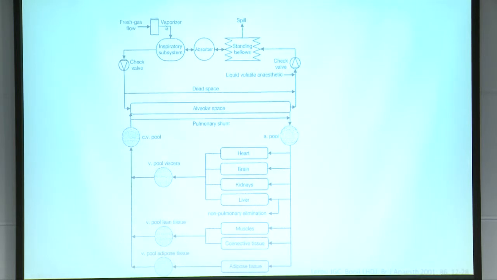In this model, the input is the fresh gas flow, and the vaporizer setting goes into the breathing circuit, where we then have a measure of the inspired concentration. In the alveolar space, we get a measure of the end-tidal concentration that is picked up by the blood and flows to the various tissue compartments, one of which is the brain.